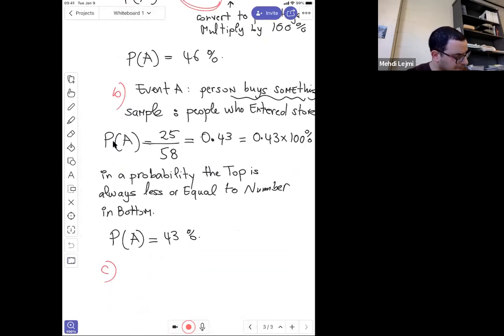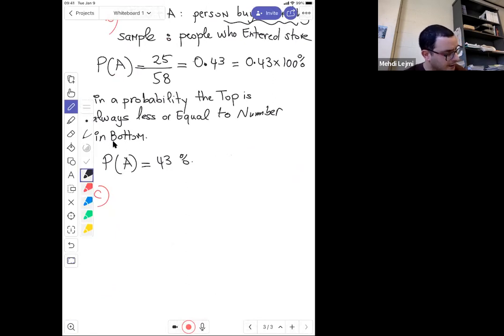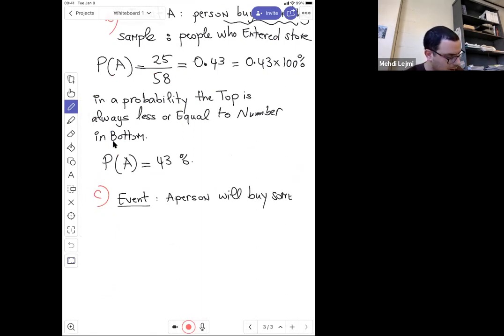So the event is that a person will buy something, and the sample is the people who walk by the store.